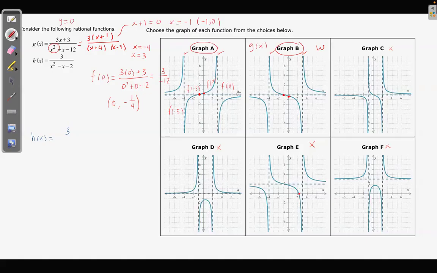And that actually makes sense with the selection. Y equals 0 is exactly where the horizontal asymptote is. So that means that graph E wouldn't even be considered to be in contention since the horizontal asymptote is y equals 2. So this one was not even an option. The only two options were in reality graph A and B.